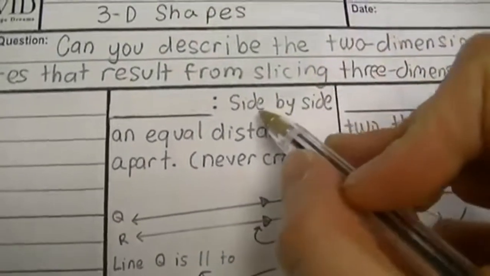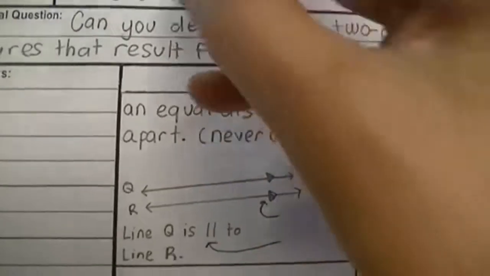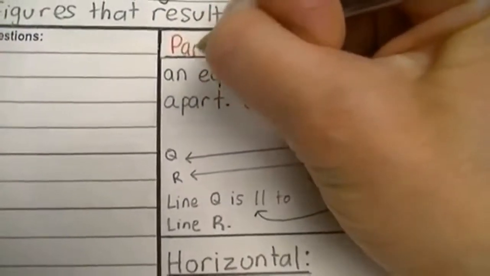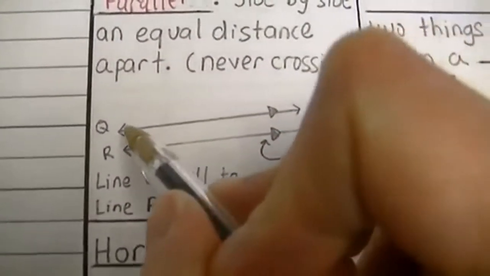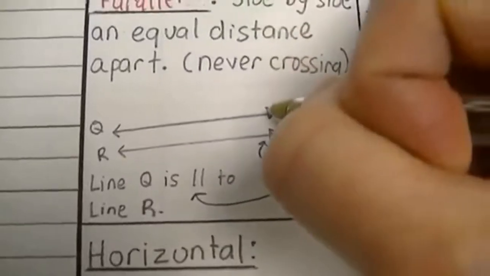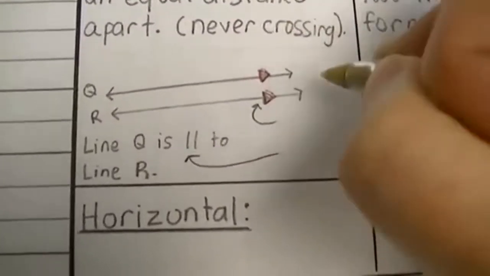So right here, when things are side by side and equal distance apart and they're never ever crossing, that means they're parallel. Sometimes if you have two lines and you see little triangle-looking things or little tick marks that match, that means the lines are parallel.